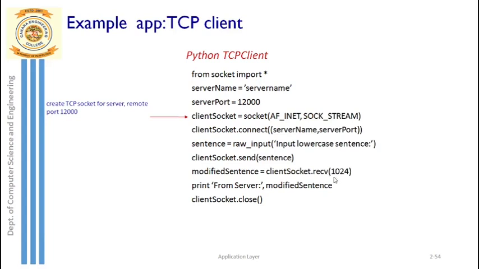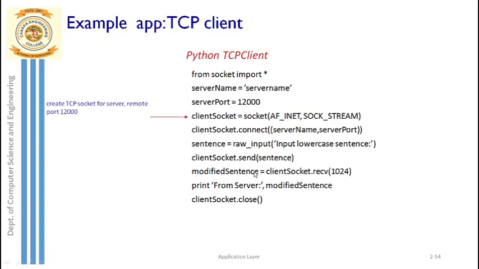This is the buffer maintained at the client side. Through the buffer, he is going to read the content. So remember what he has received. The information he has received here is the modified sentence, the sentence which is in uppercase. That uppercase sentence is stored in modifiedSentence, and that particular sentence is finally displayed here at the client side.